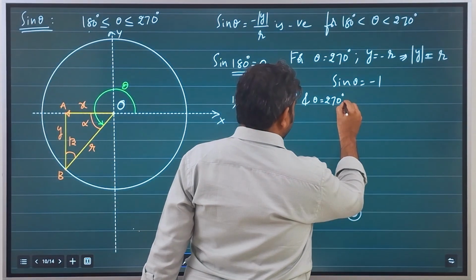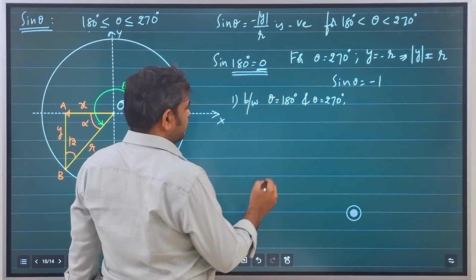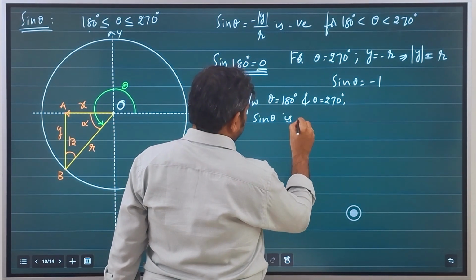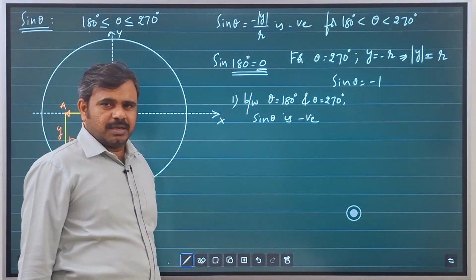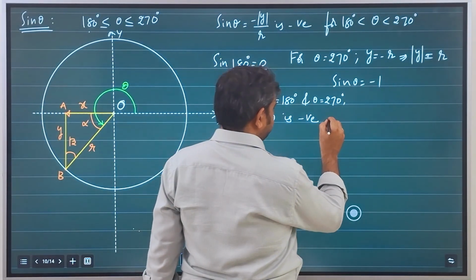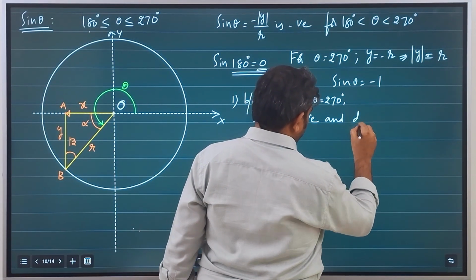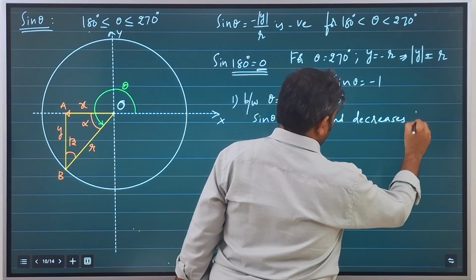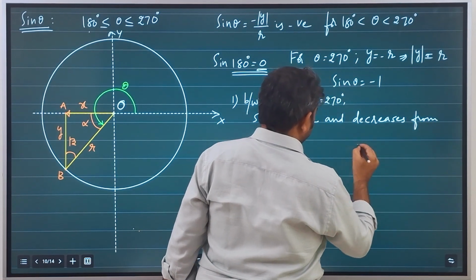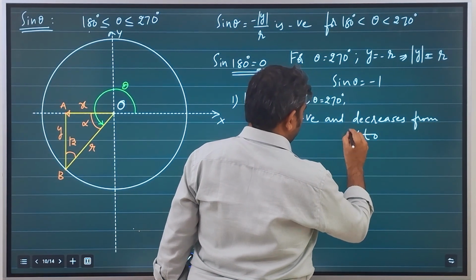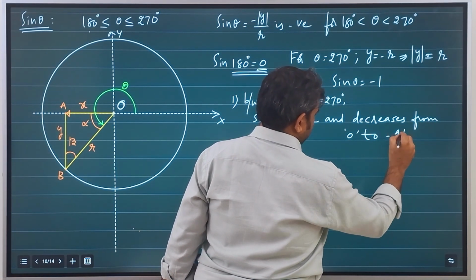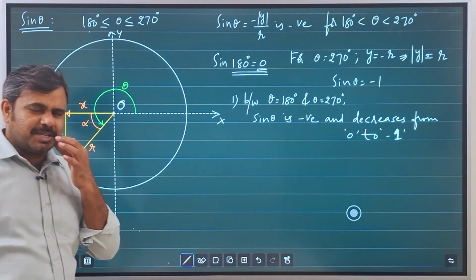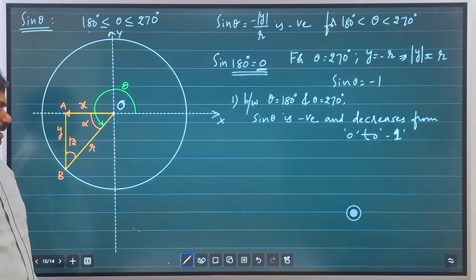So the conclusion that we come to is that the value of sine theta is negative and decreases from 0 to minus 1.